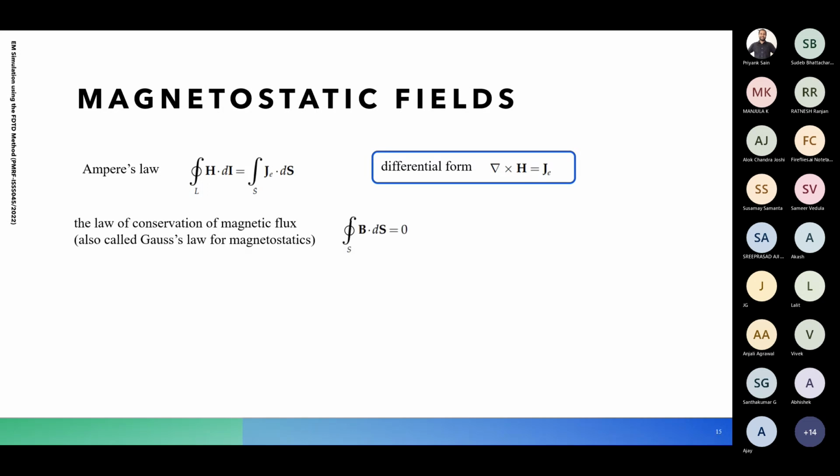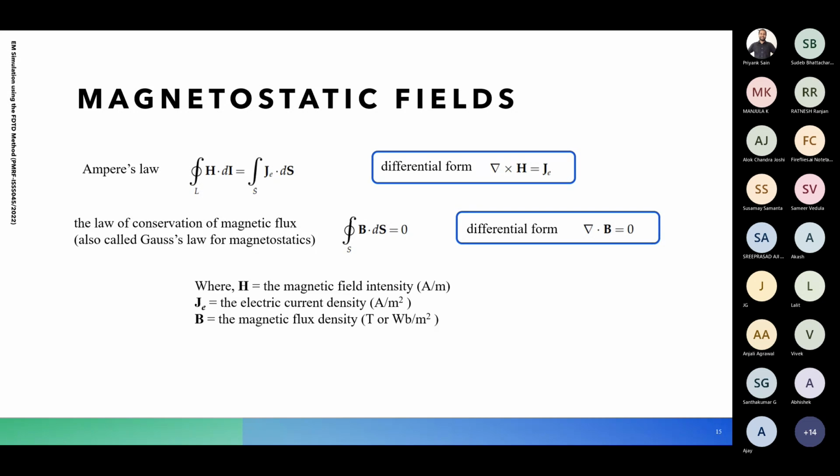The law of conservation of magnetic flux, also known as Gauss's law of magnetostatics, has the differential form given by the divergence of magnetic flux density equals 0. And the magnetic field intensity and magnetic flux density are related by the expression B equals mu times H, where mu is the permeability of the medium.